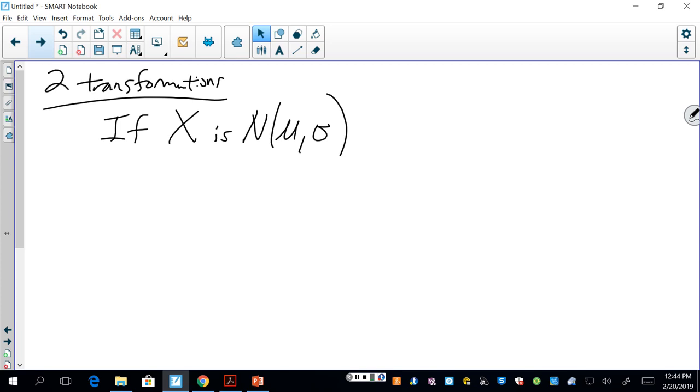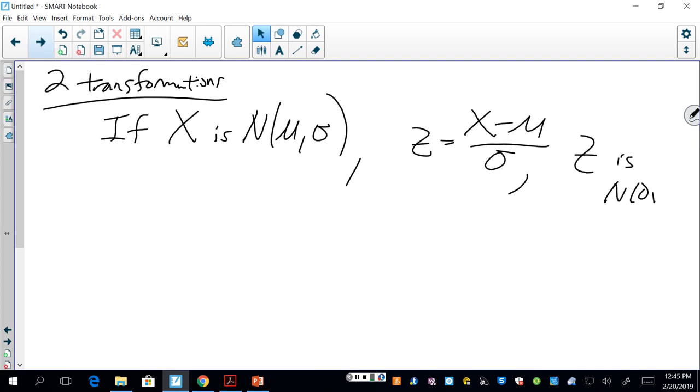I like to talk about it in terms of standard deviation because standard deviation is on the same scale as the mean, but you always have to watch to see what they're doing. Also, the computer programs usually want standard deviation, so keep track of that. Then you subtract the mean and divide by the standard deviation. This new random variable is our standard normal, and that's the one we get from all the tables.